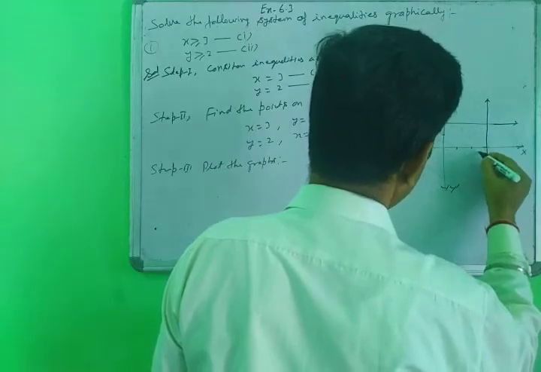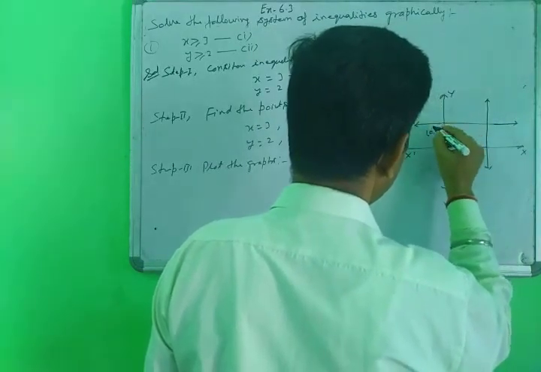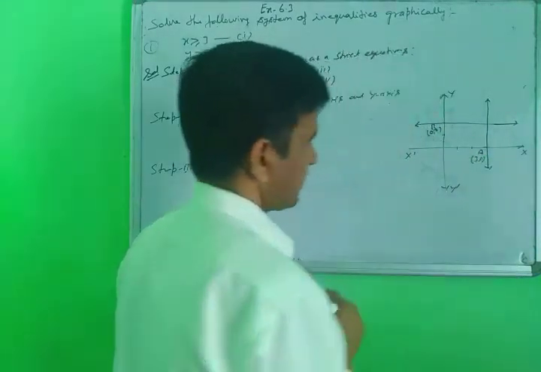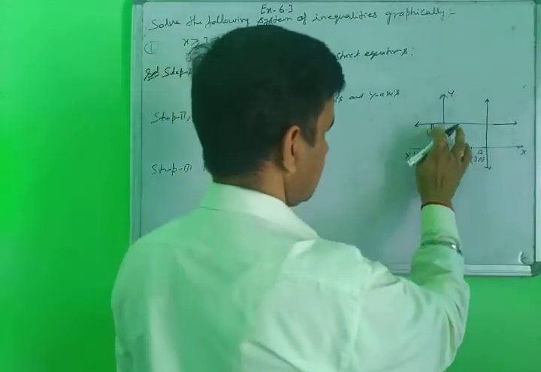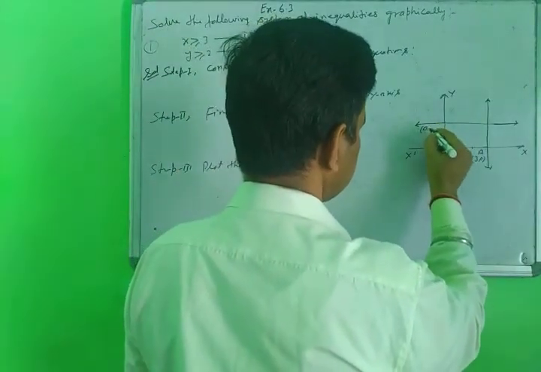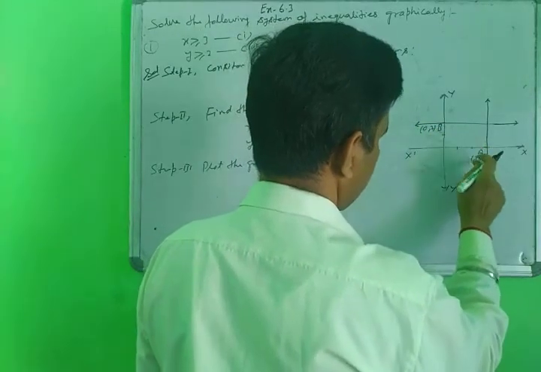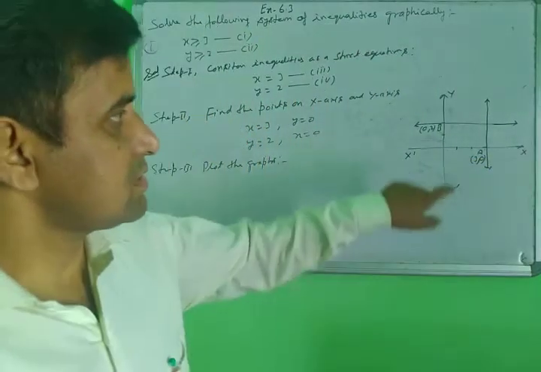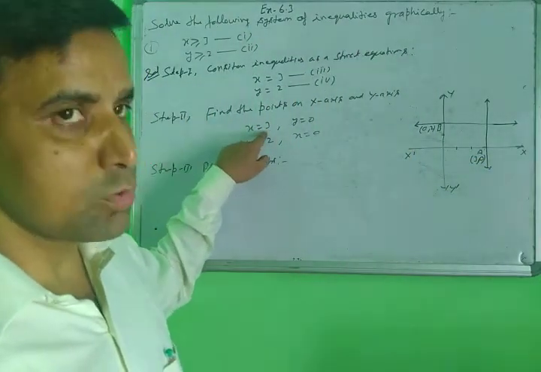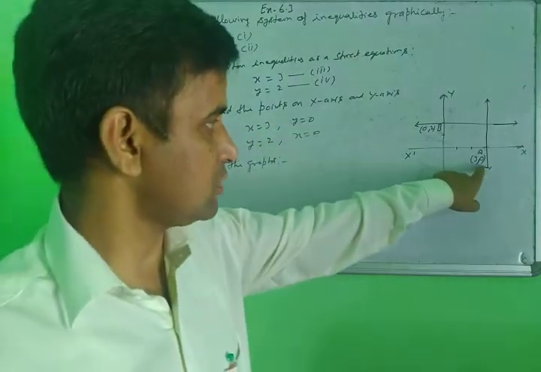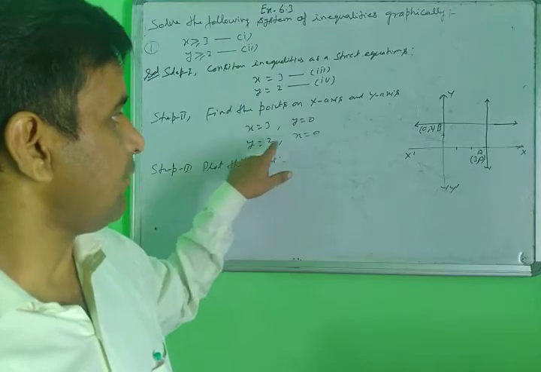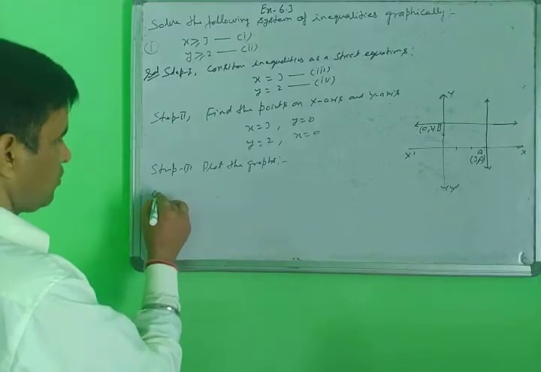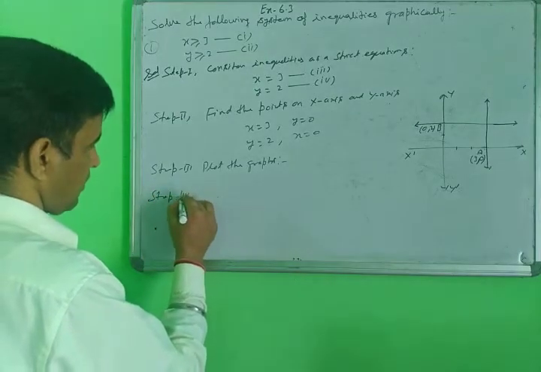This point will be the B point, (3, 0). It means x equal to 3 is parallel to the y axis, with y equal to 0, and y equal to 2 is parallel to the x axis, with x equal to 0.